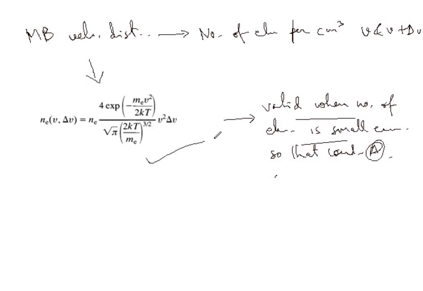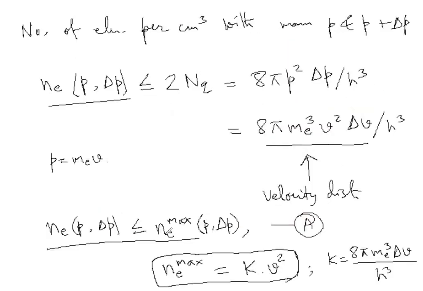However, for very high electron densities, the Maxwell-Boltzmann distribution may give us much larger values of NE than what is permitted by Pauli's principle. So basically this relationship here is a manifestation of Pauli's exclusion principle.